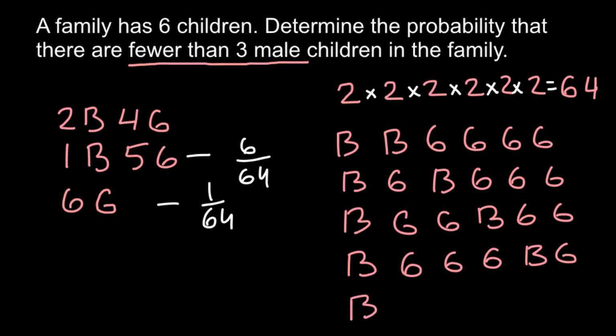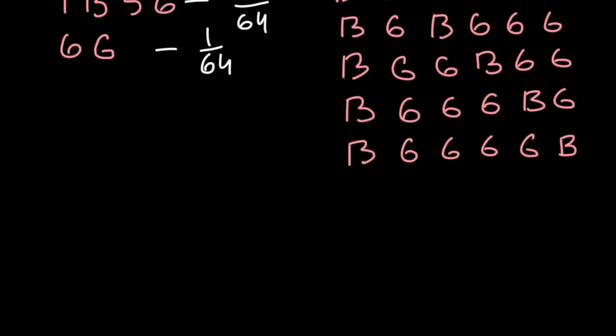Then a boy, a girl, a girl, a girl, a girl, and the boy. Now I will move this boy to this position, and would return the second one to be in the third position. So let's find how many variants we have.